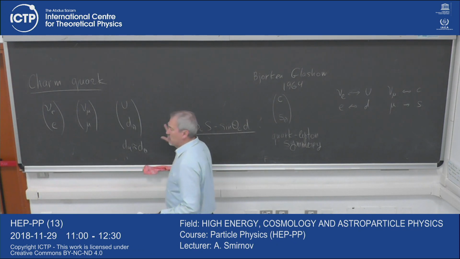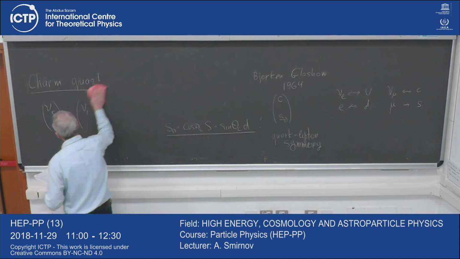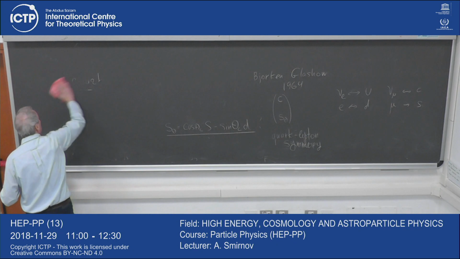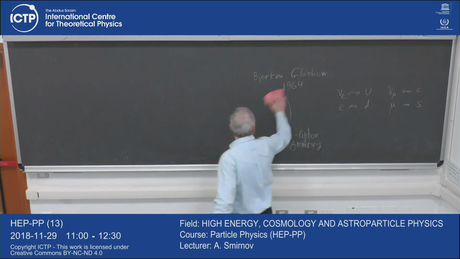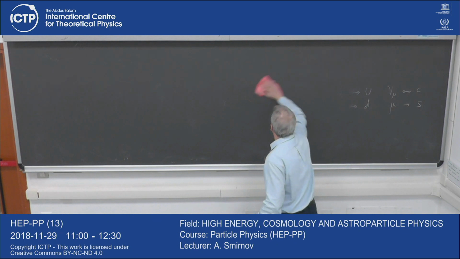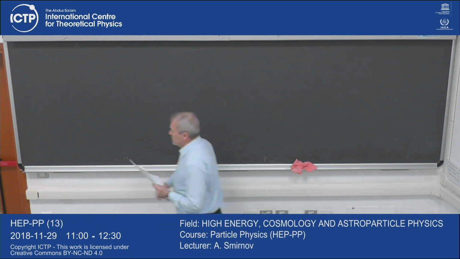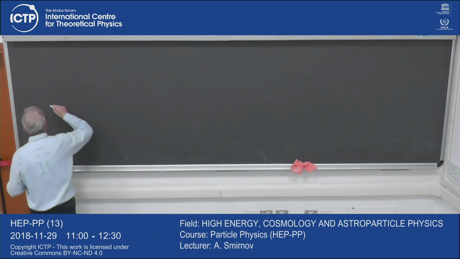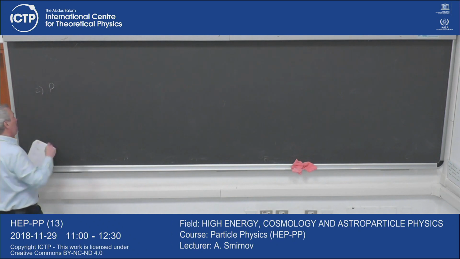So this is the first motivation to introduce the charm quark. There's another one, which is related to experimental results. So first is quark-lepton symmetry, and the second is the problem of flavor changing neutral currents.